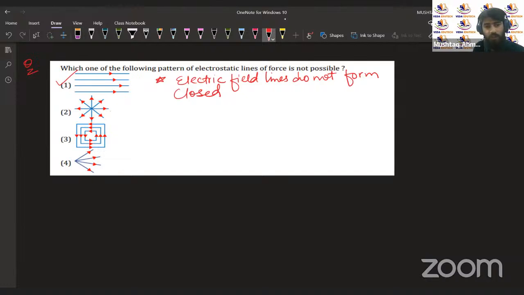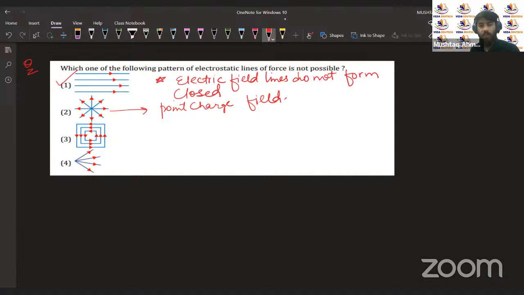And option number 1 represents the uniform electric field lines. We know that for an infinite non-conducting sheet, the electric field lines are uniform or constant. So it represents the electric field lines due to an infinite non-conducting sheet.